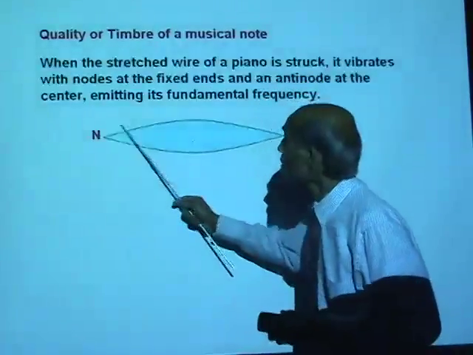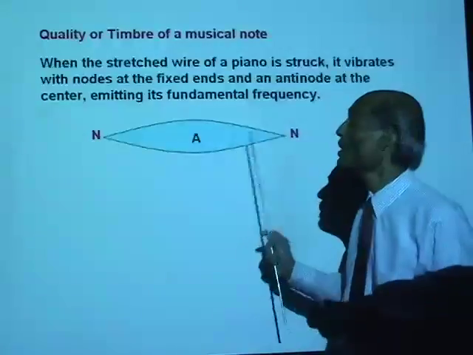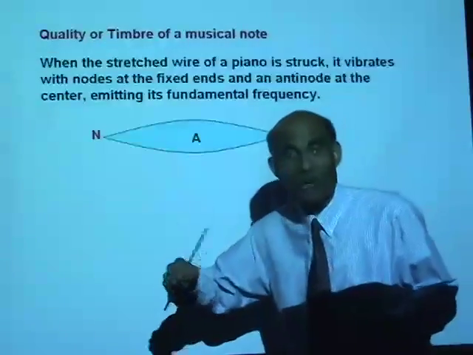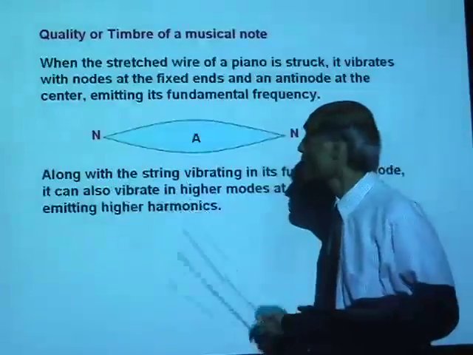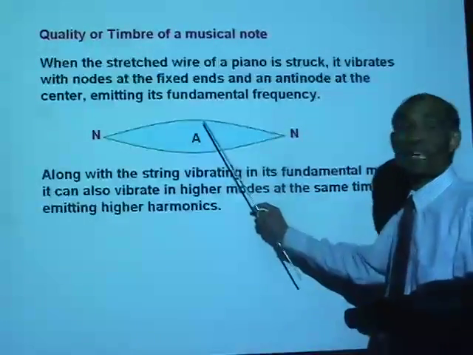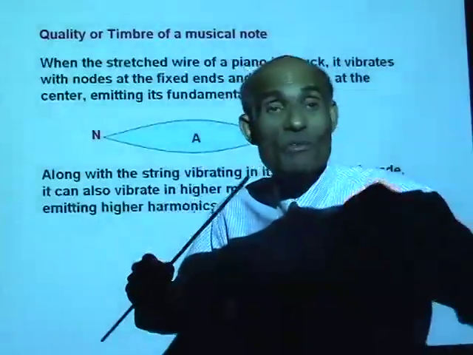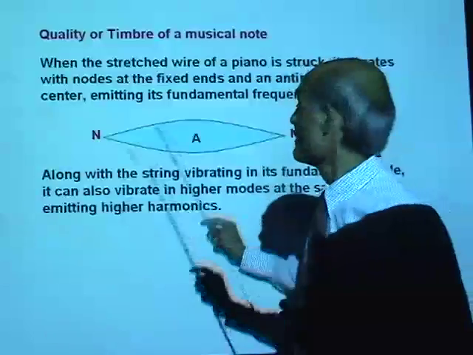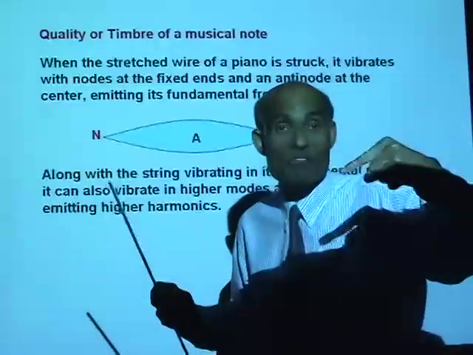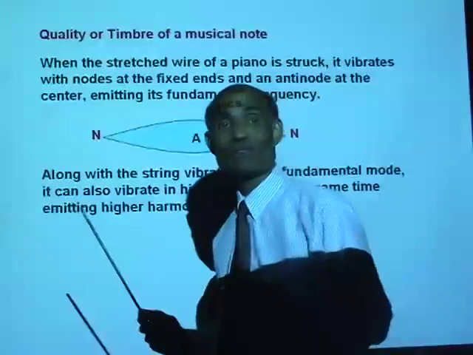So this is the basic or fundamental mode of vibration of a guitar wire or a piano wire. Now, along with the string vibrating in this fundamental mode, a string can also vibrate in higher harmonics. In other words, the higher harmonics are very often superimposed on the fundamental.